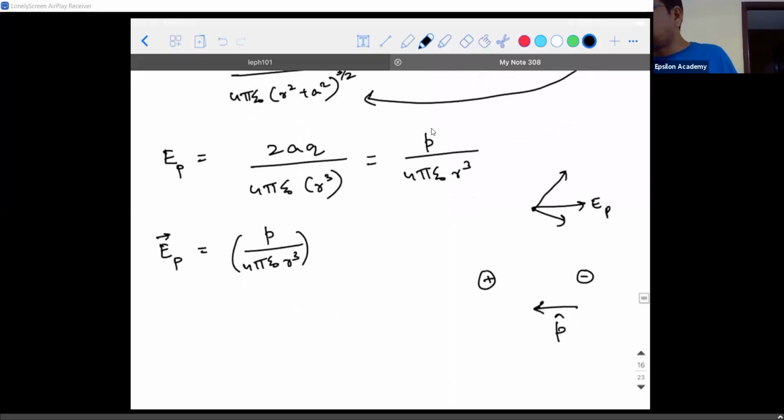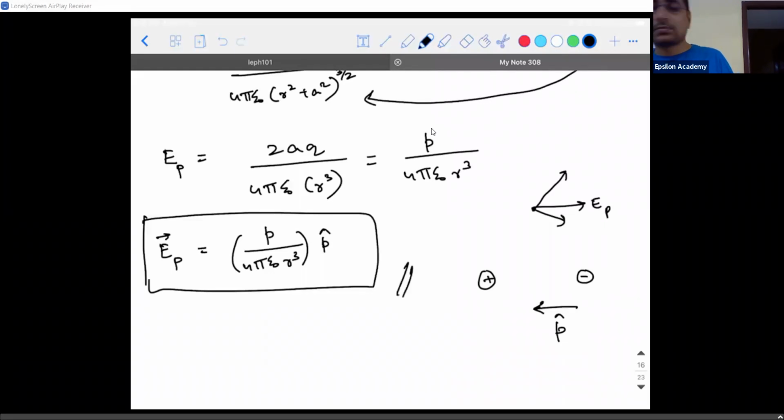If I call this P cap, then EP vector is P divided by 4 pi epsilon naught r cube multiplied with minus P cap. Why? Electric field vector is to the right, P vector is to the left.